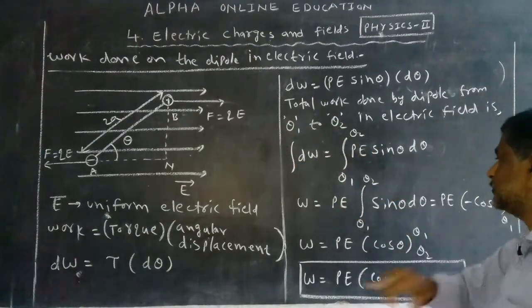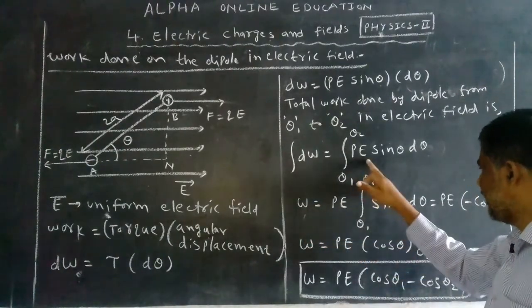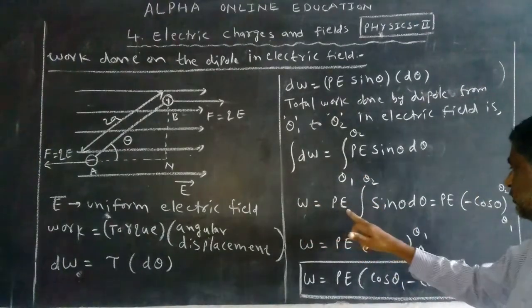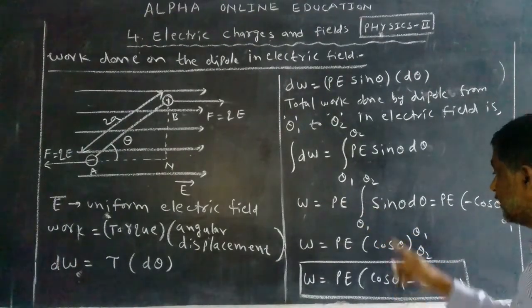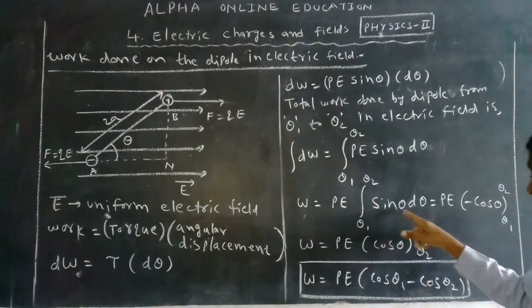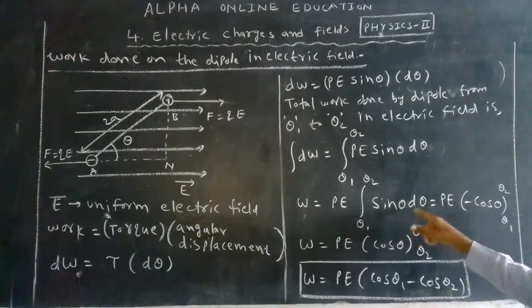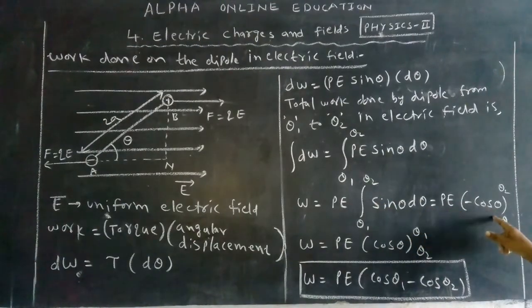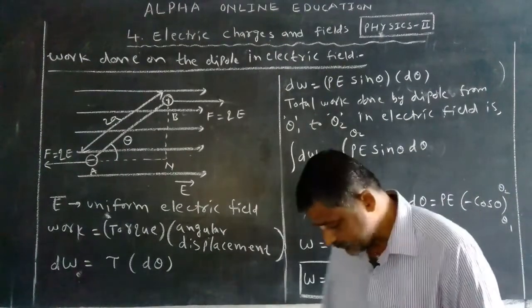Integral dW is W. P into E take common, P E integral sin theta d theta. Integral sin theta d theta value is how much? Minus cos theta, with limits theta 1 to theta 2.